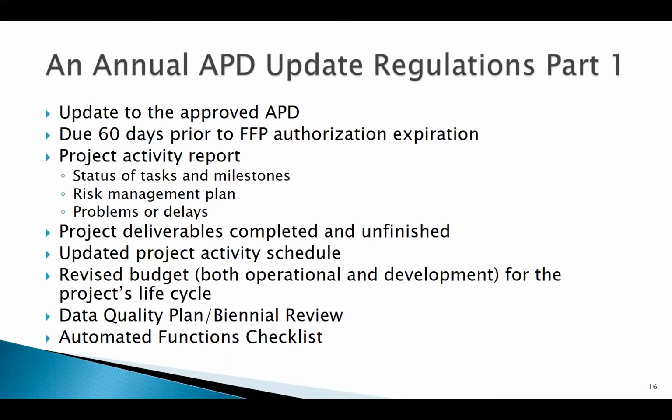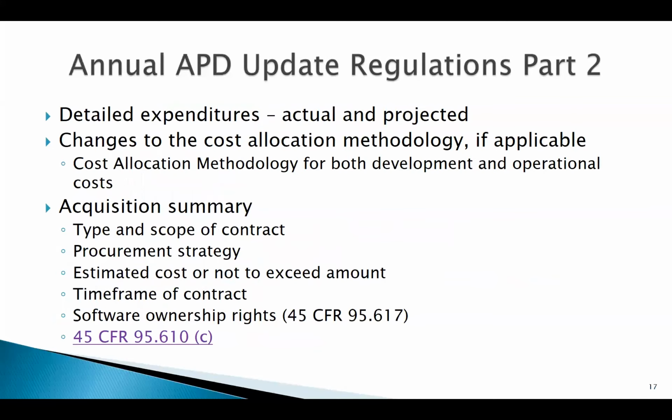Next slide, please. Slide title reads annual APD update regulations, part 2. So you will also have your detailed expenditures, both actuals and projected. Any changes that have been made to the cost allocation methodology for both development and operational costs.